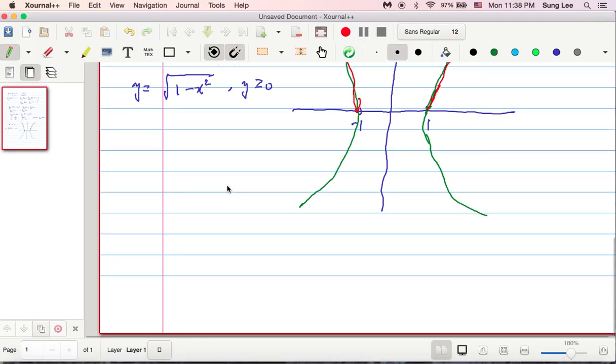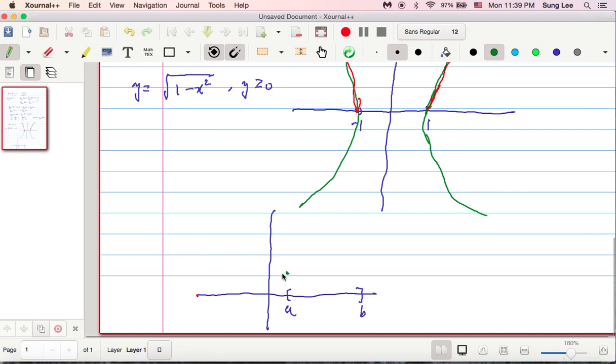What it means is the following. Maybe a picture might help you to understand. So here I'm going to draw a picture. Here's a closed interval AB.